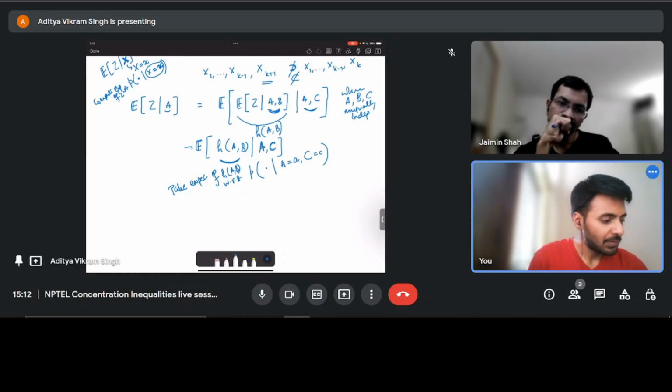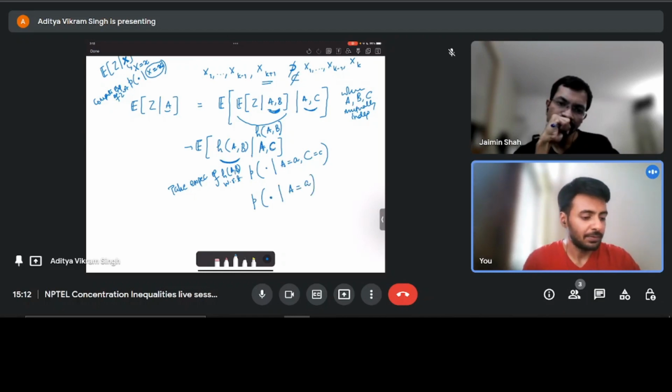Versus what if you condition with just a equals a? So we want to compare these two quantities.